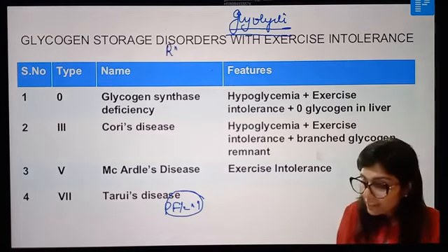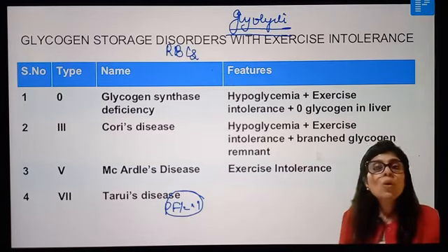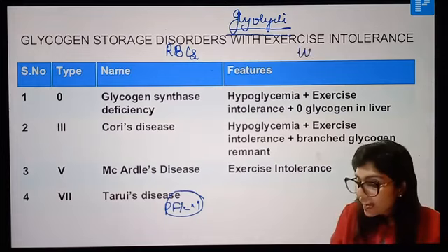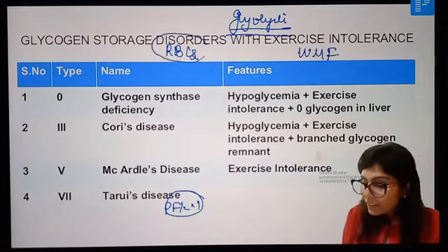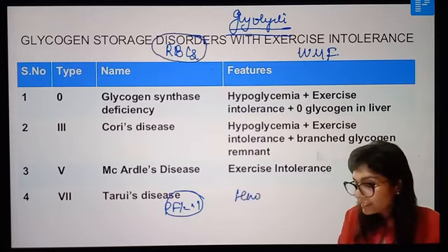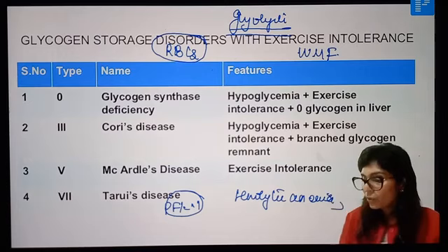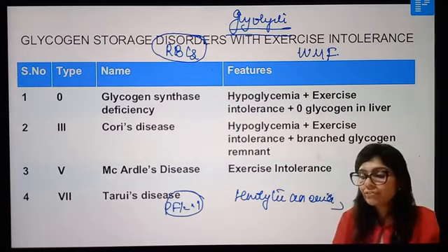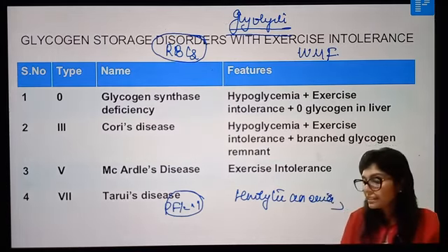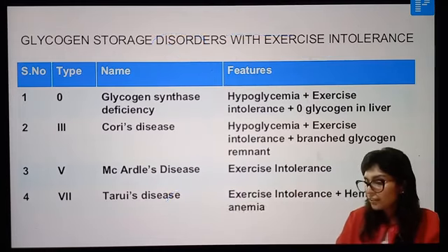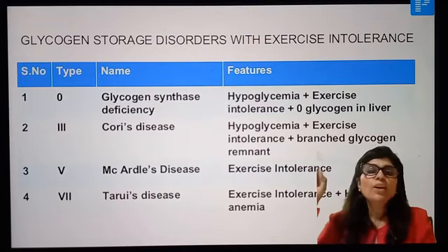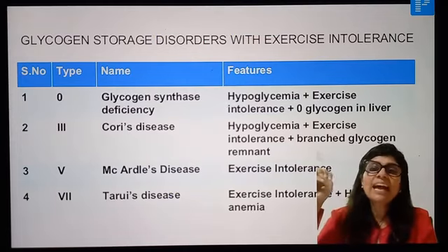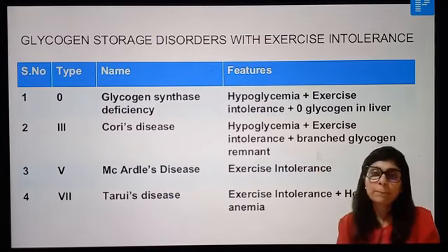So whenever there is a glycolytic enzyme defect, both RBCs and white muscle fibers get affected. When RBCs get affected, it will present as hemolytic anemia. When white muscle fibers get affected, it will present as exercise intolerance. So tell me, what will you see in Tarui's disease? In Tarui's disease, you will see exercise intolerance and hemolytic anemia.